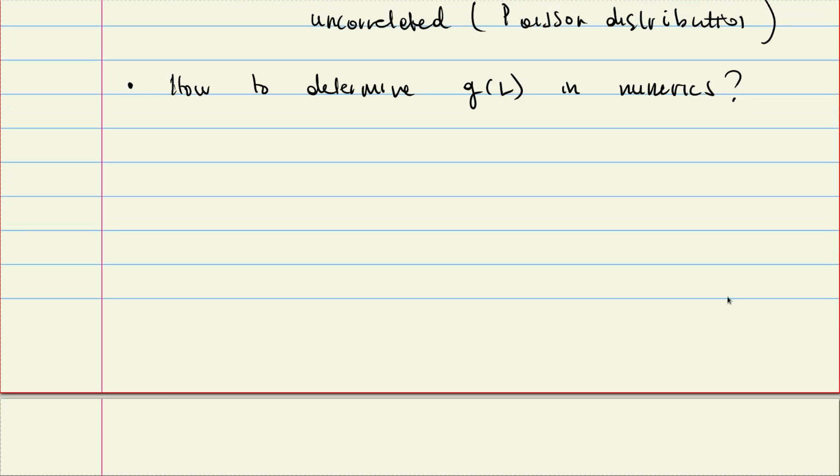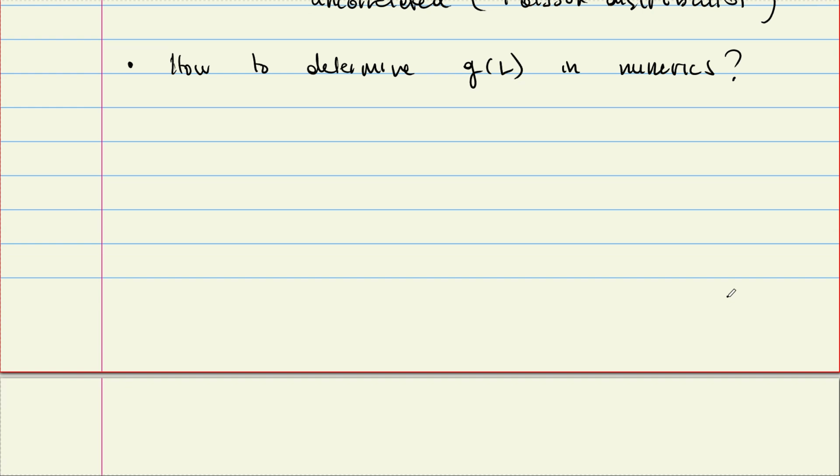And Thouless said, okay, let's take one random realization of size L, like this is one sample. It is a small size, so we can study it in the computer, and we can do everything about this.